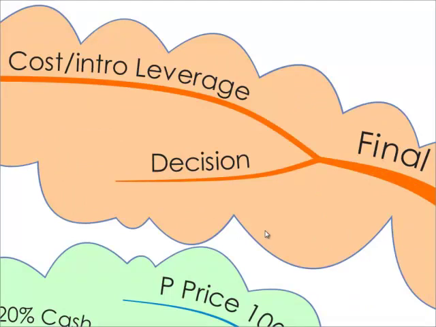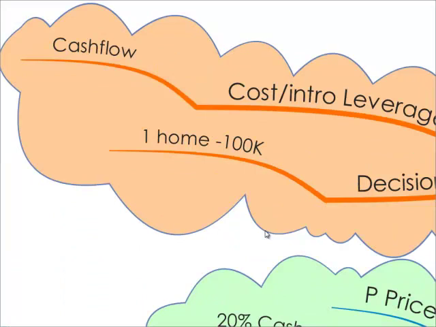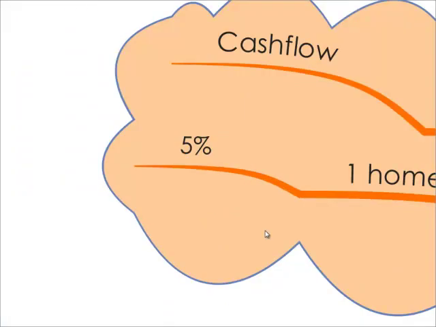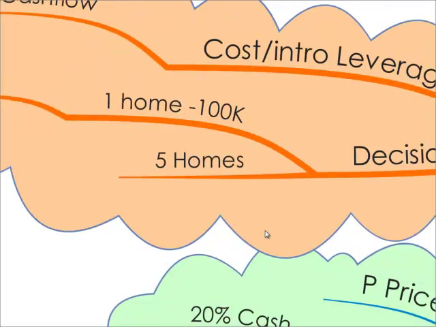Secondly, as an investor, you have a decision to make. Let's assume you have $100,000 to work with from an investing perspective. You can do one of two things. You can buy one home for $100,000 cash and end up making a 5% return on your money in this instance. Or you could look at potentially buying 5 homes, assuming the bank's comfortable lending the difference to you.